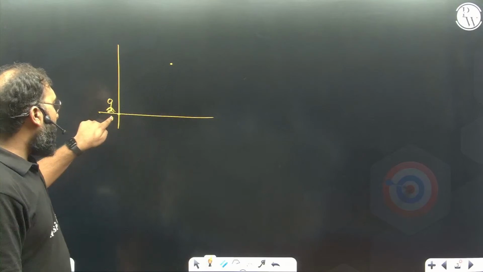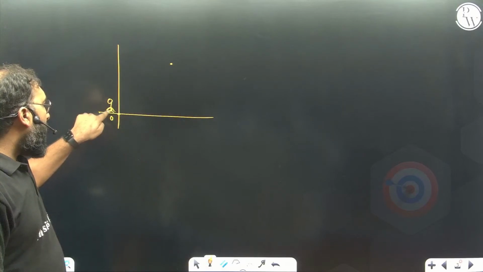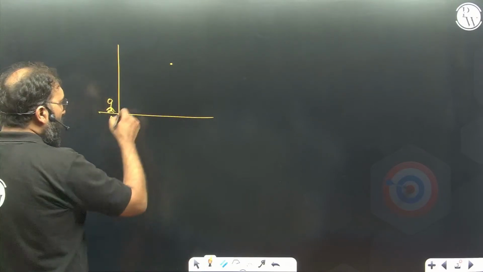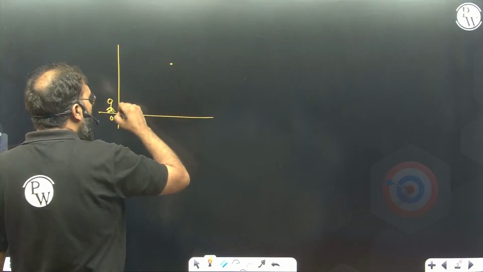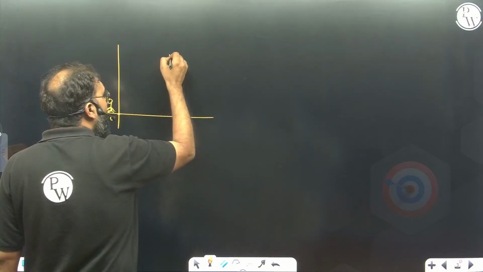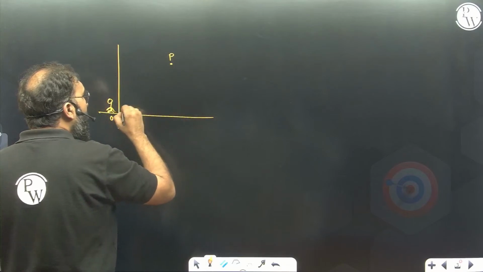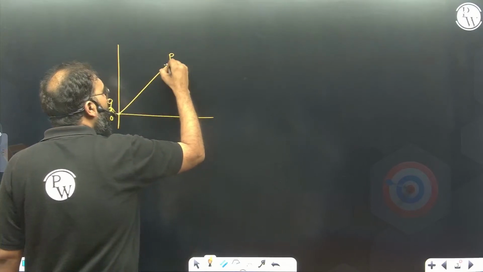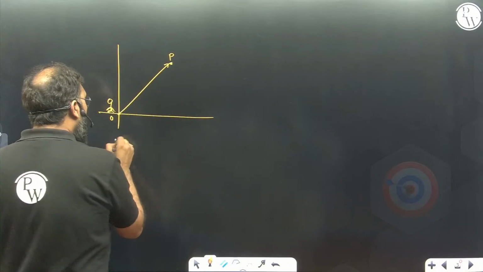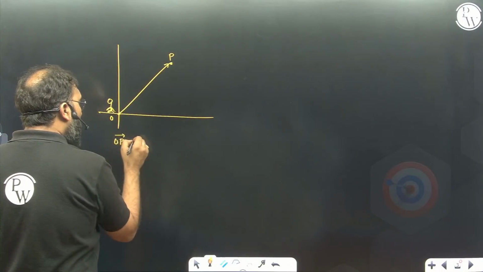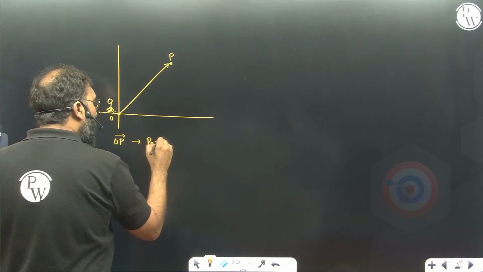So whenever a particle is located here, this is my reference point and here is my observer. Let's say this particle is P and this point is O. The position vector of this particle is the OP vector.